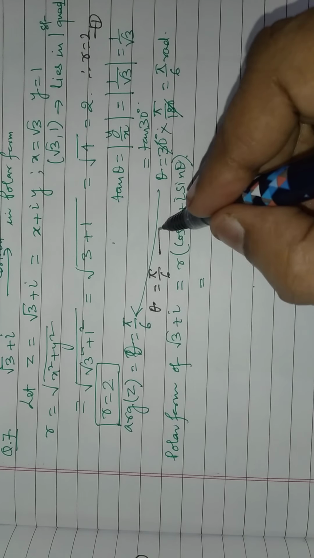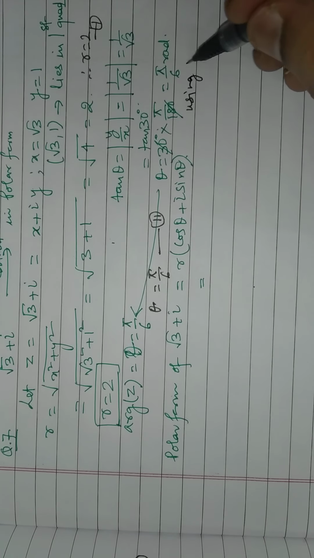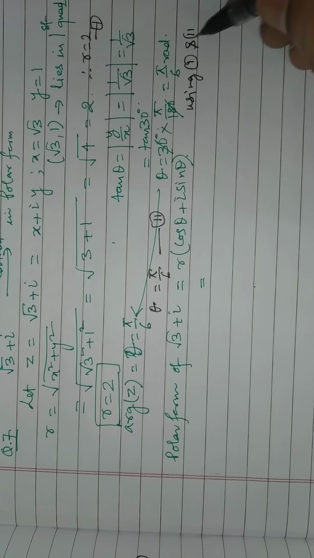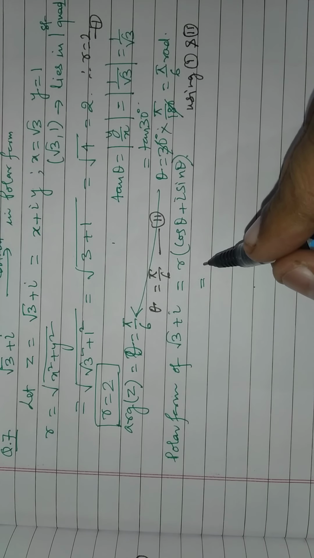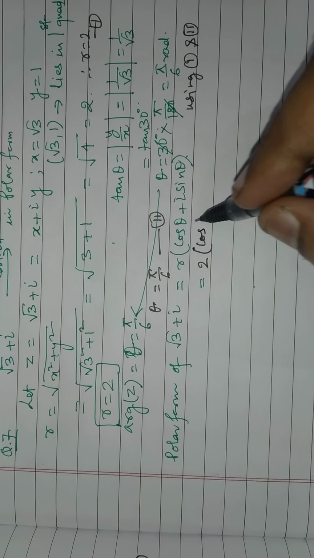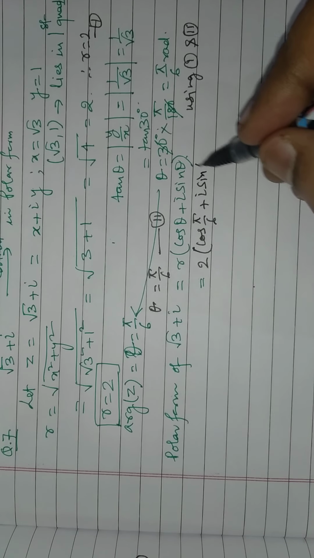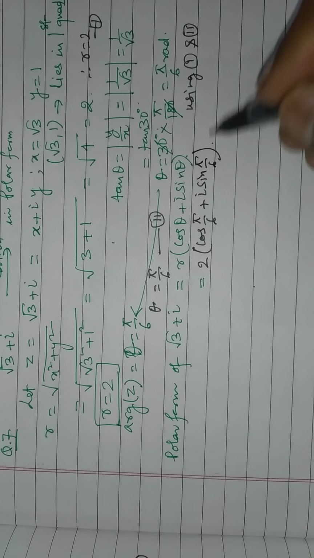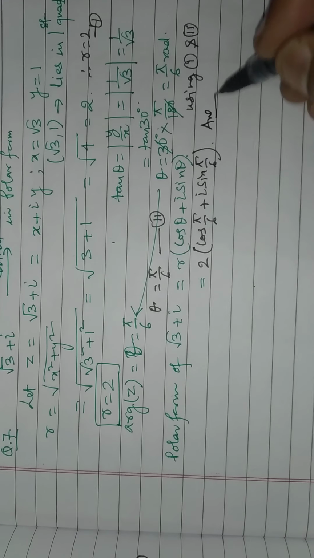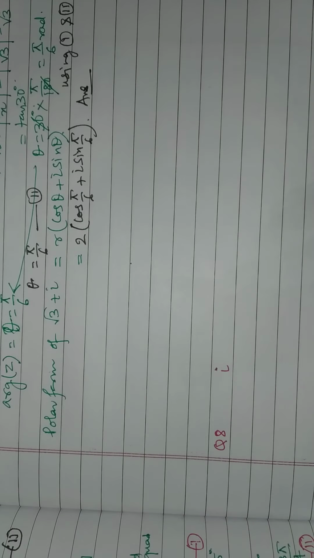So using 1 and 2, we get 2 cos pi by 6 plus i sin pi by 6. So this is the polar form. So hope you will understand it. I think we don't have any problem.